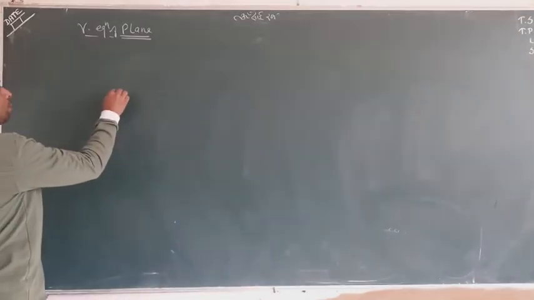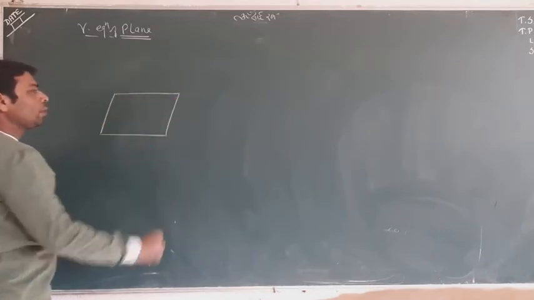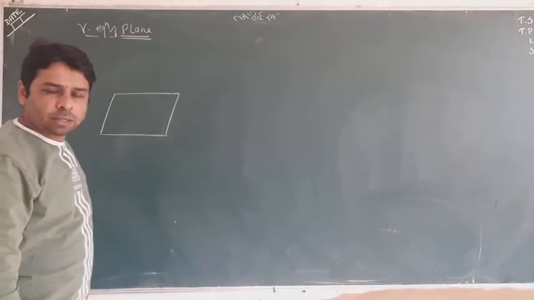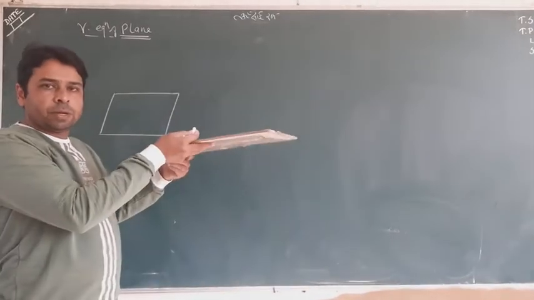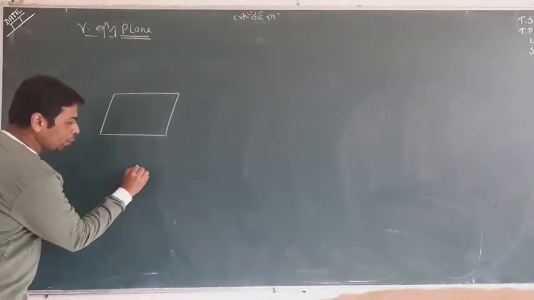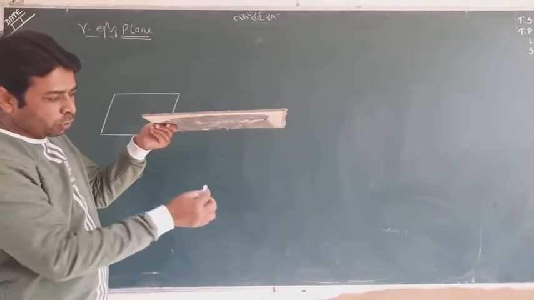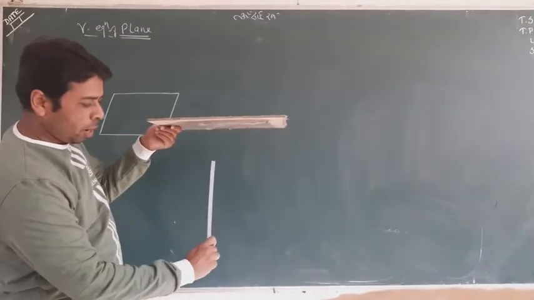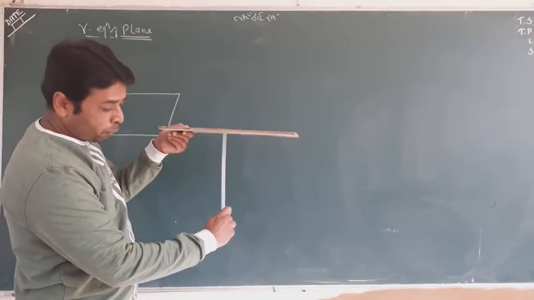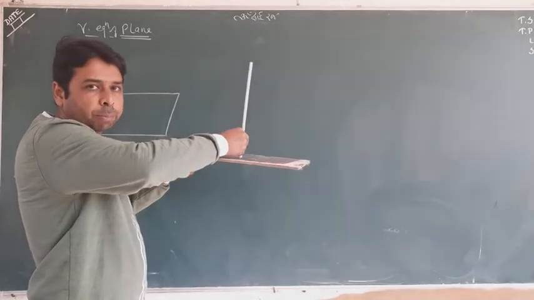Okay, can you see? This is my plane. I just want to give you an example also. Now I put here the origin point. Suppose this is my plane and this chalk is the origin point. Now I am drawing a perpendicular on the plane from the origin point, which crosses the plane and comes up like this.